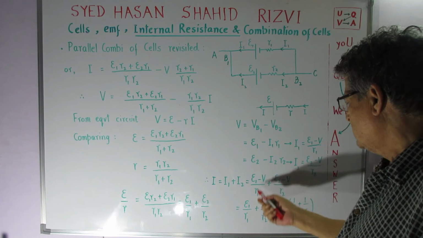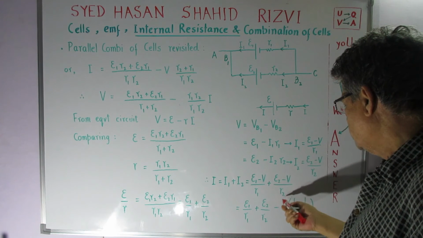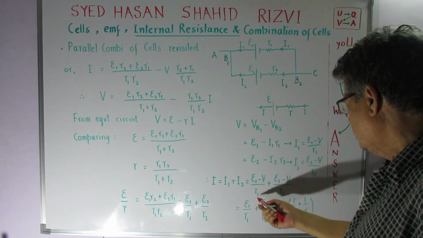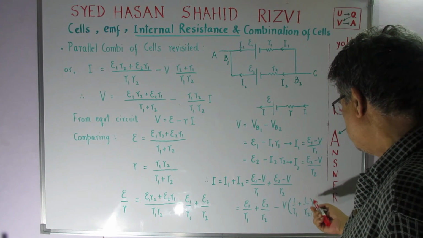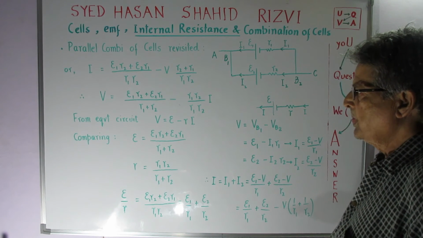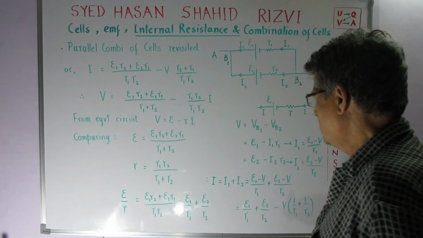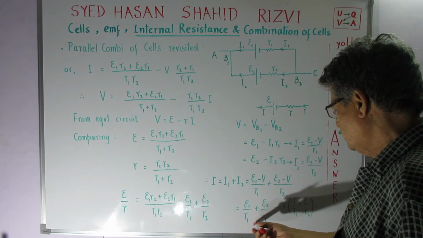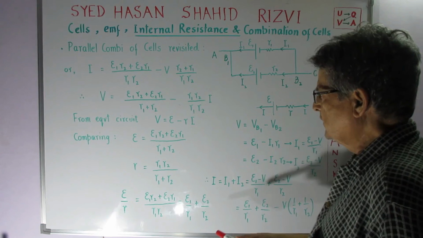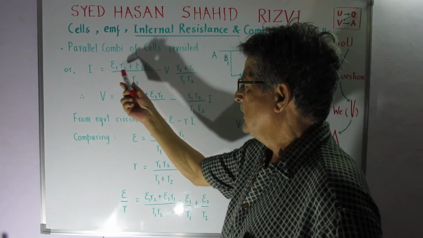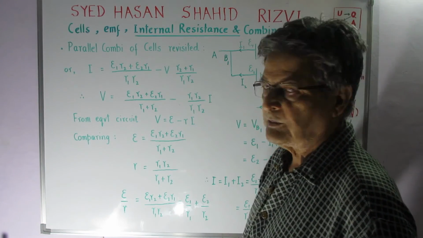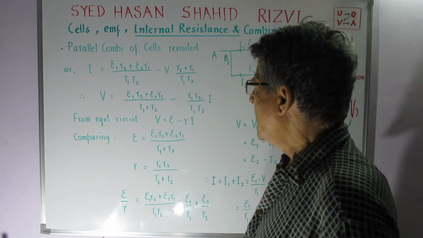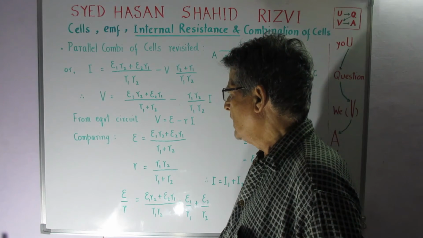So E1 upon R1 plus E2 upon R2 minus, I take V as common, 1 upon R1 plus 1 upon R2 in bracket. If I take the LCM here, R1 R2, this will become equal to E1 R2 plus E2 R1 divided by R1 R2 minus V into R2 plus R1 upon R1 R2.